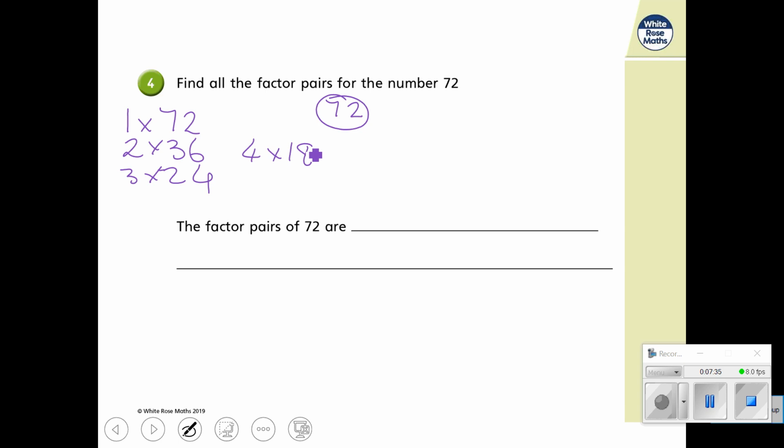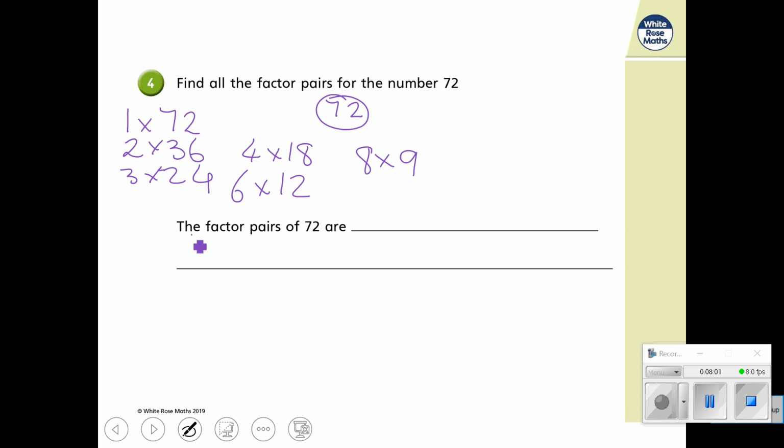So 5 is not a factor of 72. Let's try 6. That's right. 6 times 12 is 72. Let's try 7. Oh, no, 7 isn't a factor. 8. Yep. 8 times 9. 10. No. And I think I've reached the end of my factors of 72.